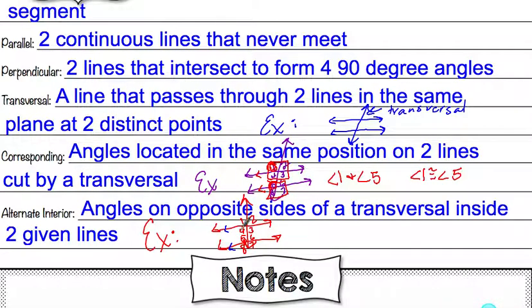They're inside these two lines. And the ones that are on opposite sides of the transversal, 3 and 5, those are alternate interior. Angle 3 and angle 5, they're congruent because these two lines are parallel. Same thing is true of angle 4 and angle 6. They're also considered alternate interior angles, and they're also considered to be congruent to each other.